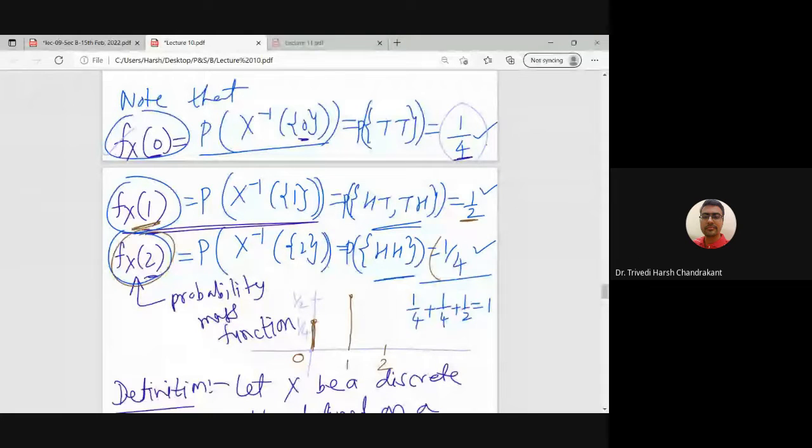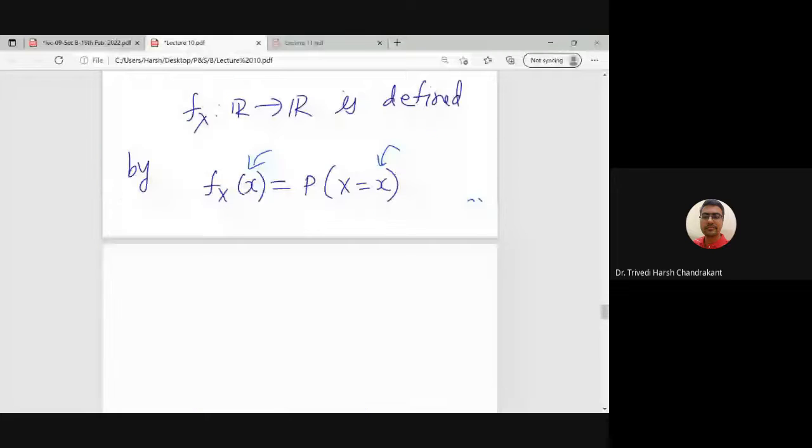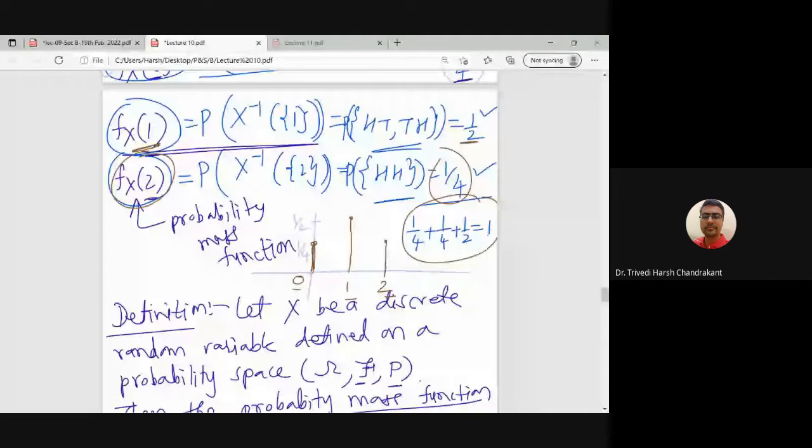So the total is 1. We got these frequencies essentially at these points. The outcomes are only 0, 1 and 2. If we have countably many outcomes, we get more vertical lines. This is the reason why we call it a probability mass function. So we can express it graphically and study several properties.